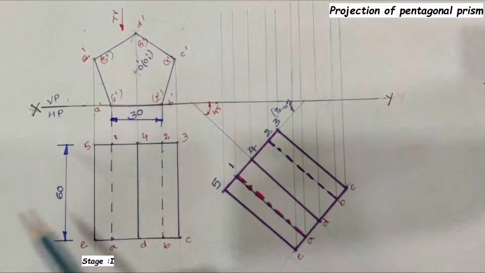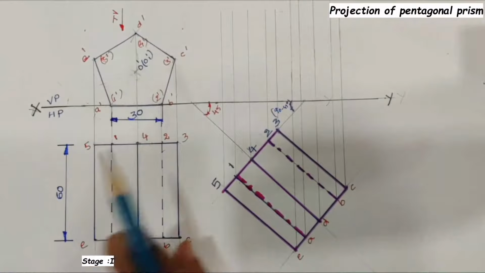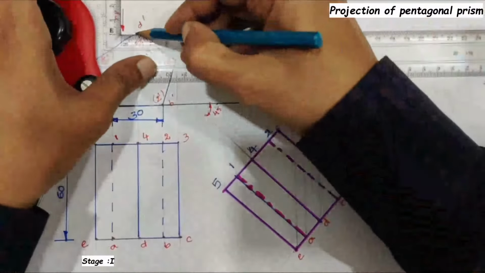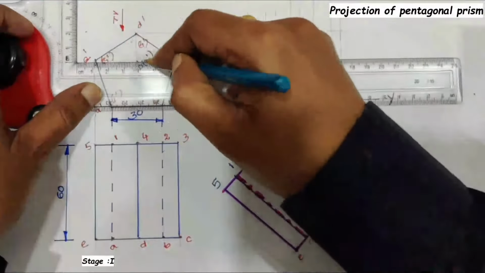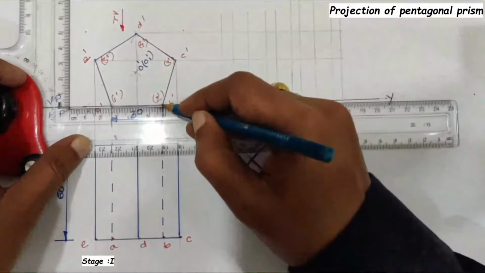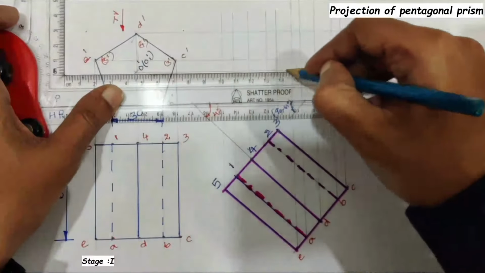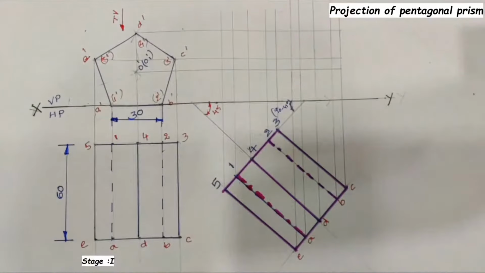After that, draw locus lines through the first stage front view points in the right hand side direction. After that, locate the intersection points in the second stage front view.